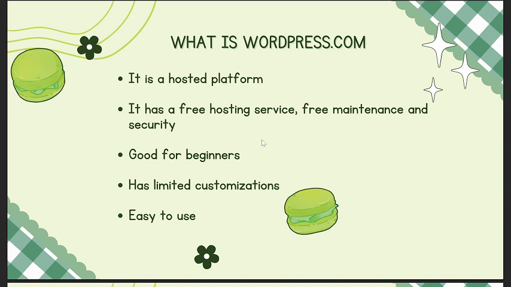There are seats, there is a television and everything that you need. So that is just what WordPress.com is. And it's good for beginners. It has limited customization. That means you don't really have access to all the designs, the themes and everything. So you'd have to pay at some point to use the ones you want to use. Then it's also easy to use.